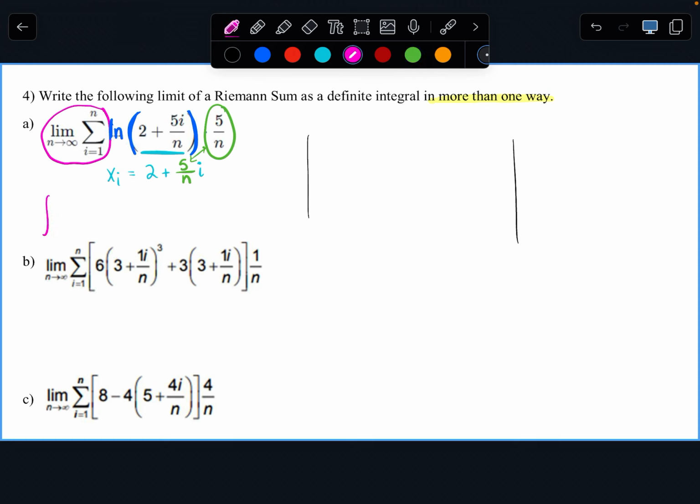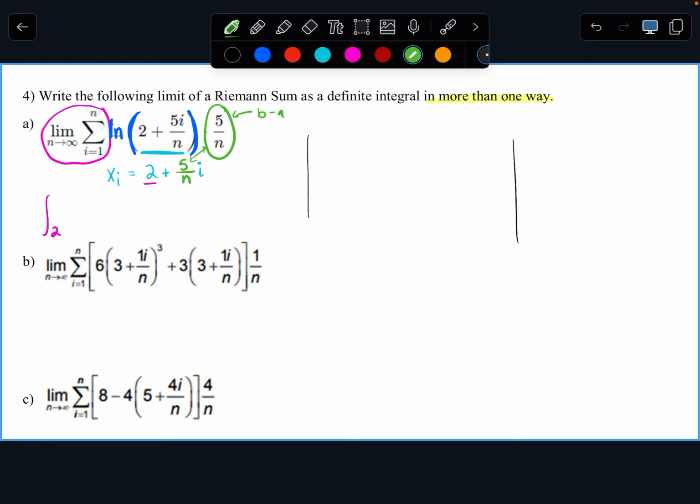Because I know it's going to be an integral, remember this is your a. So we're going to go from 2, and then my width, remember, is b minus a, the change between them, which is 5.